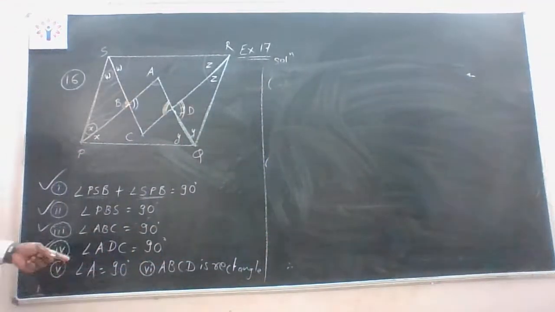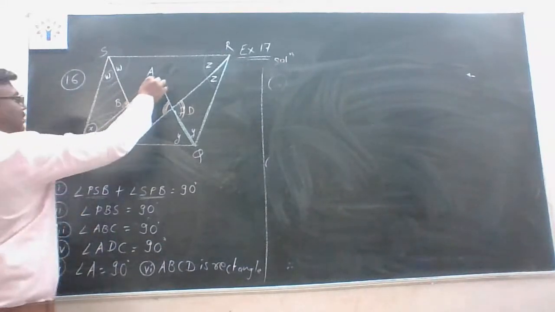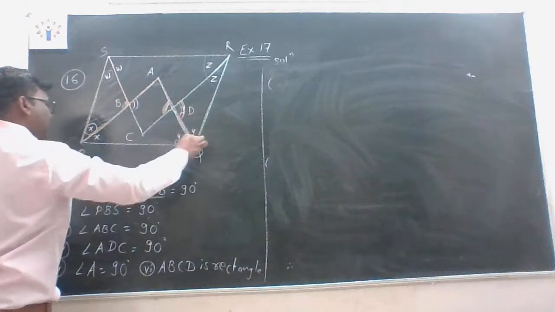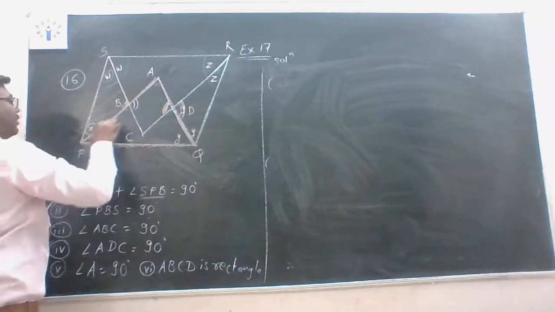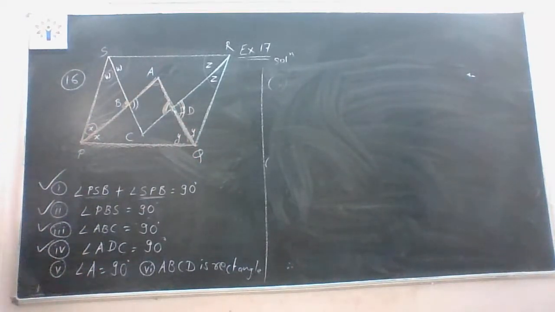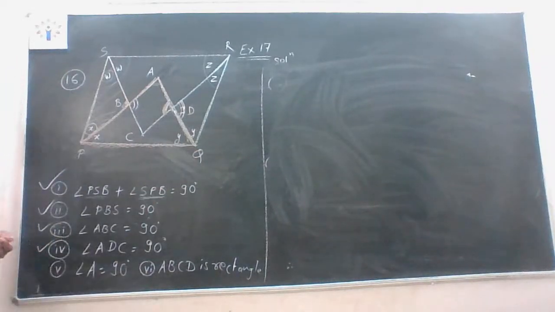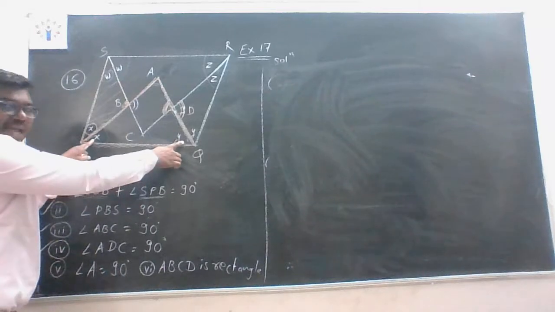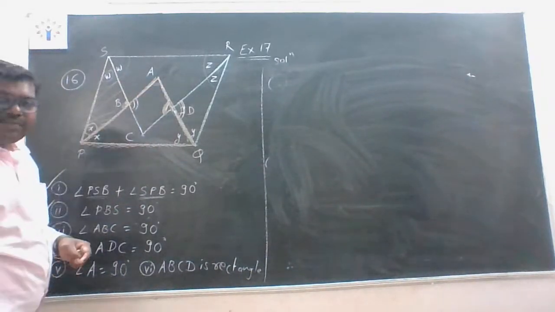Now, to show this, let us consider the next triangle. We'll consider this big triangle. This is the triangle that we are going to consider for it. Triangle APQ. Okay. In this APQ, X plus Y will be 90 degrees, so the remaining angle A is 90 degrees.